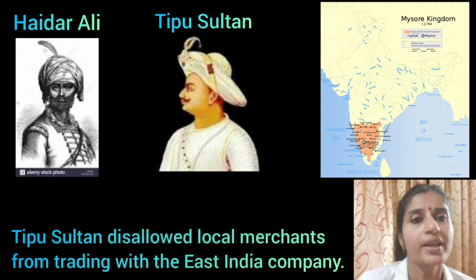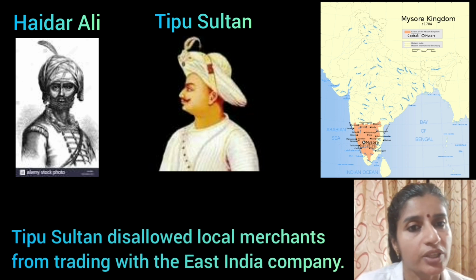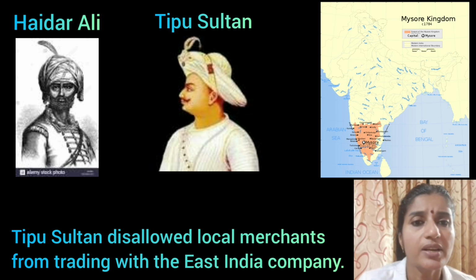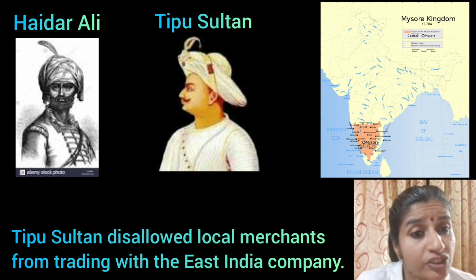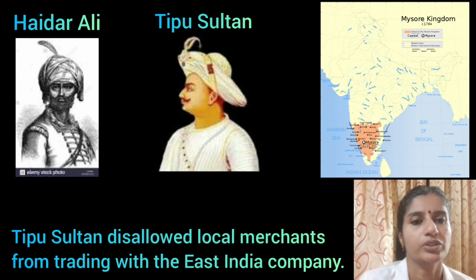He blocked the trading of the local traders with the Britishers on the Malabar coast. With this, Britishers got huge loss because the local traders were not able to trade with them. With this huge loss, the Britishers got frustrated. They were very angry now.